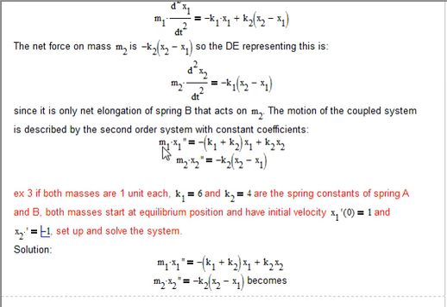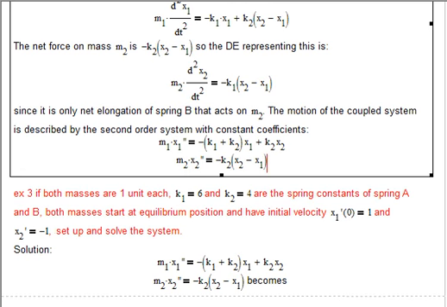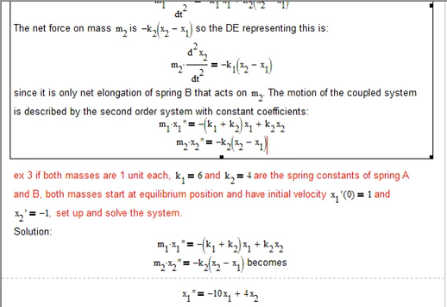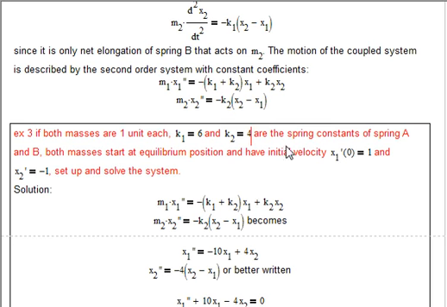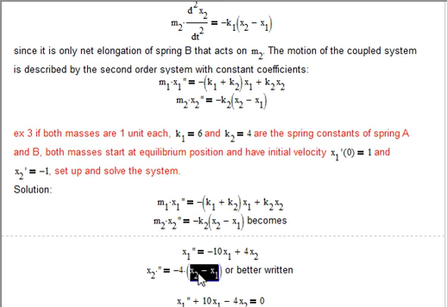Well, the system, which is this, right, there's the second derivative from this one, here's the second derivative from this one. That system of equations becomes x1 double prime equals -10x1 plus 4x2. Remember the value of this and the value of this. And x2 double prime is -4 times the difference between x2 and x1.